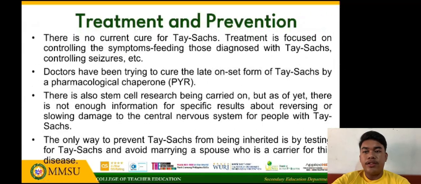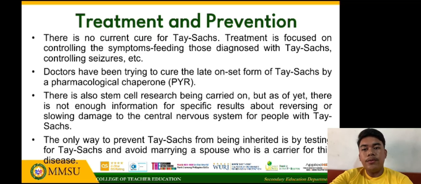Treatment and prevention. There is no cure for Tay-Sachs. Treatment is focused on controlling the symptoms, feeding those diagnosed with Tay-Sachs, controlling seizures, and more. Doctors have been trying to treat the late onset form of Tay-Sachs with a pharmacological chaperone.